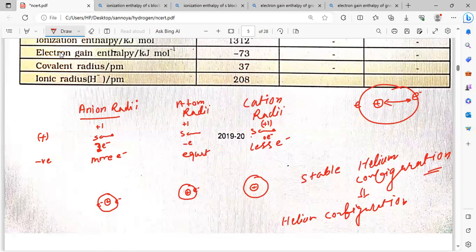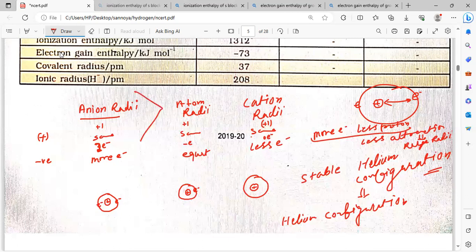Proton is the only one attracting, so less attraction, so large radii. So the anion radii will always be higher than the atom, and atomic radii will be higher than the cation, because cation has fewer electrons.